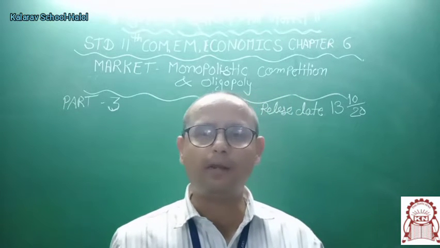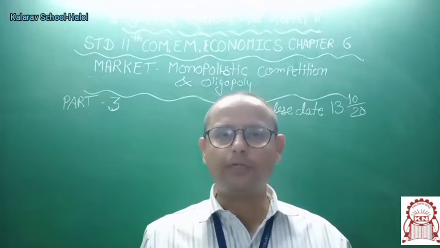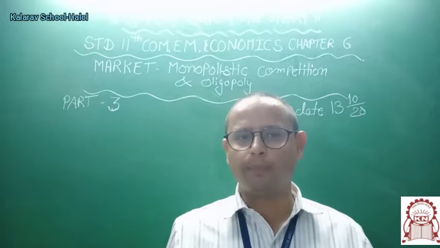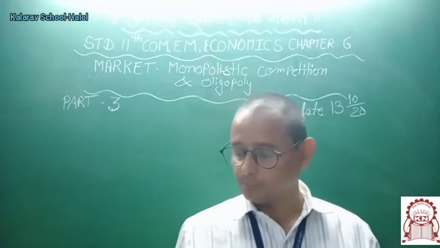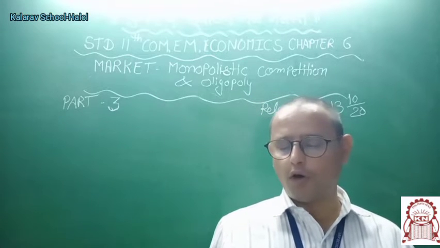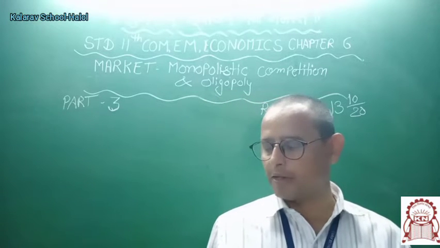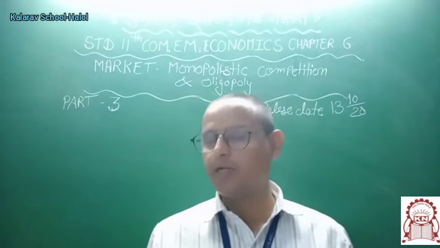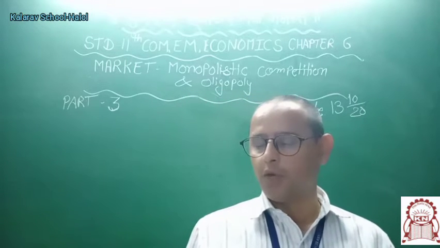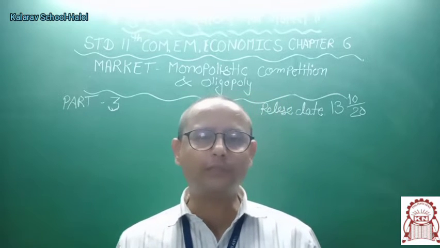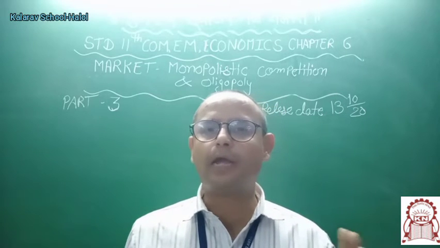Means when we enter exactly in the market, we have seen the situation, it is not perfectly competitive, and at the same time we observe that it is not completely monopoly. A mixed form of both is found. There is the coexistence of partial monopoly and partial perfect competition in market, which is known as monopolistic competition. So you can say the monopolistic competition is a combination of perfect competition and monopoly.